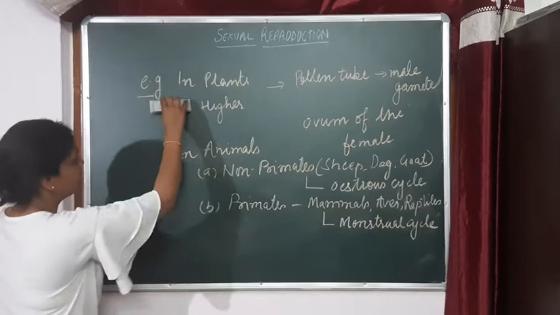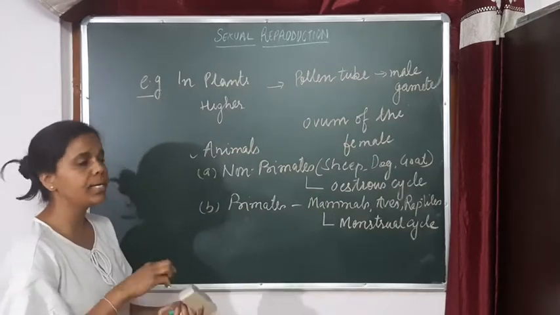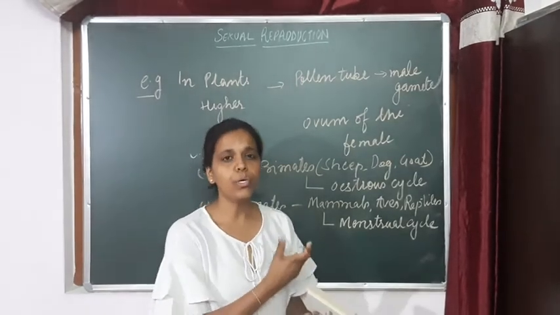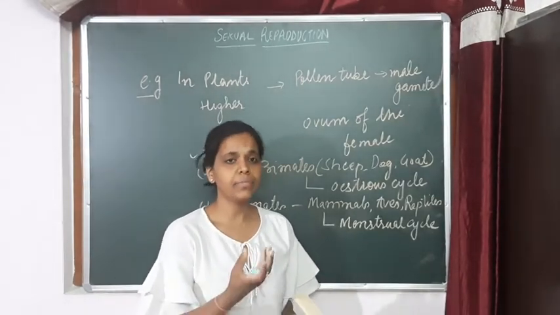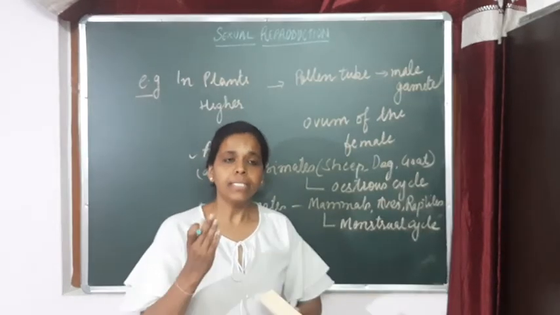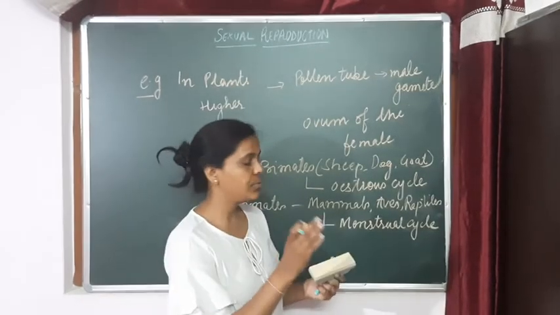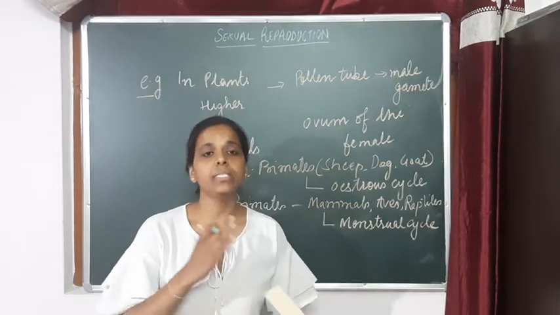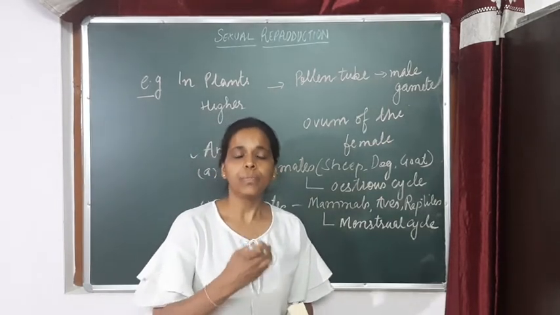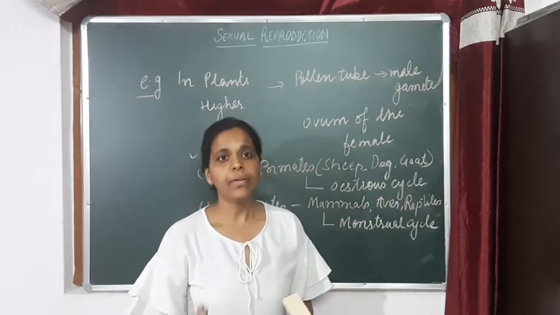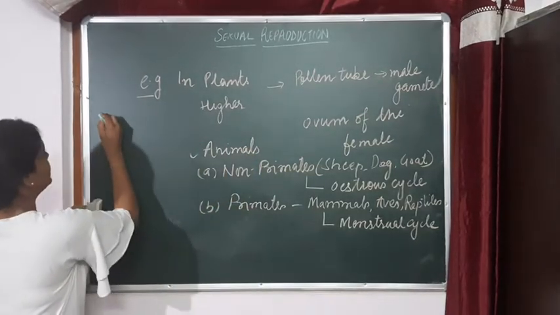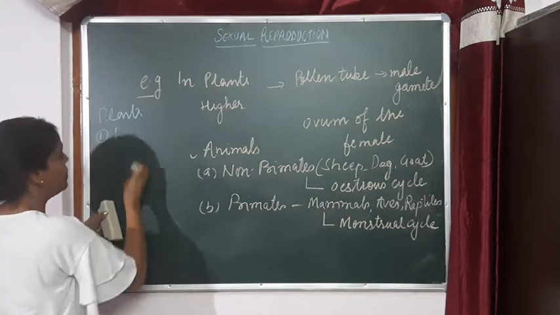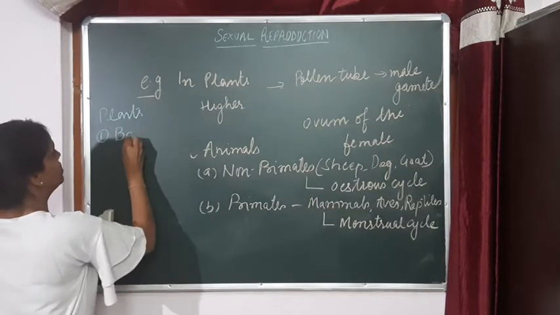Now, there are also certain examples in plants only. I just told you that the term we use in case of plants is vegetative reproduction. The juvenile phase, the phase when the plants are attaining maturity, varies from one type of species or variety to another. For example, first in case of plants, I have the example of bamboo.